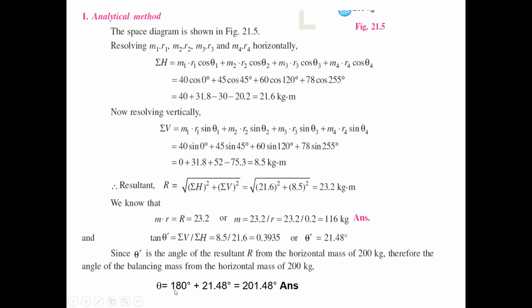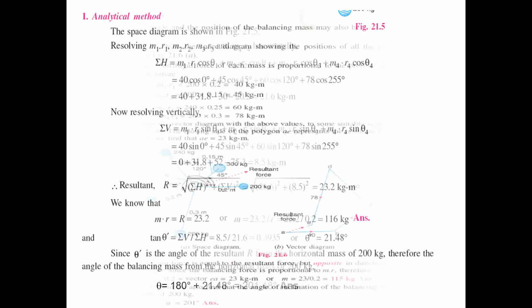Because theta values are always taken with reference to our m1 mass, so additionally 180 is added here. Then the value will come to 201.48 degrees.